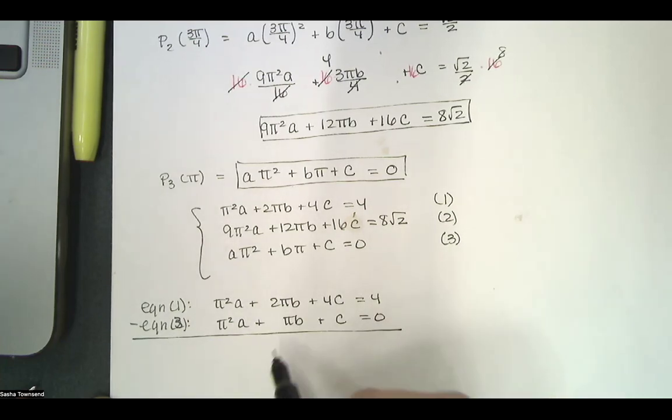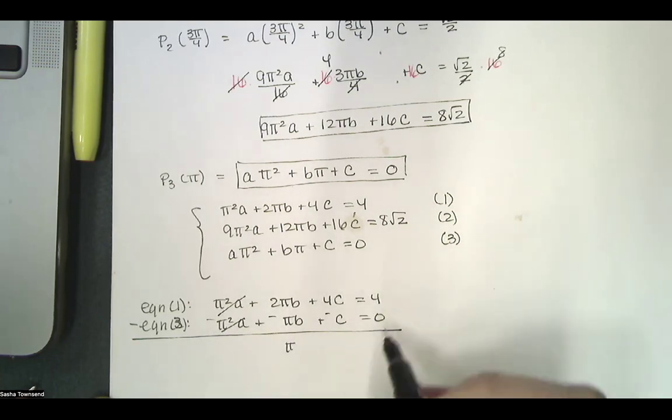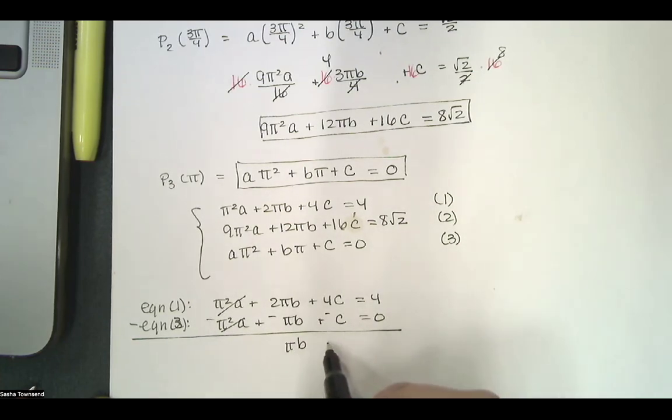When we subtract them, these guys are gone, and we just end up with pi times b plus 3c equals 4.